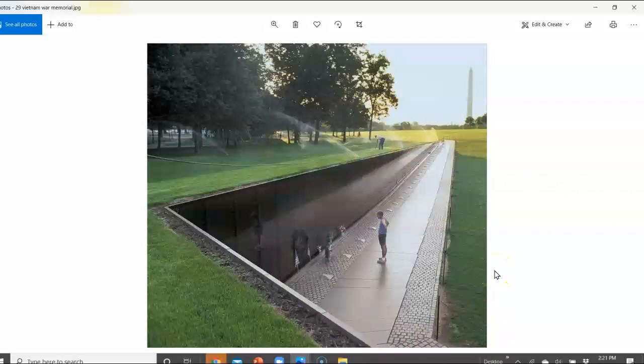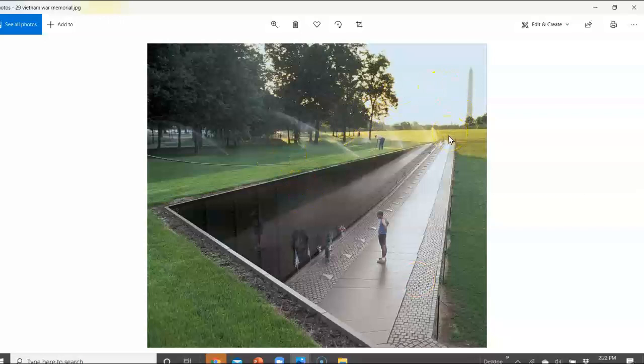And you walk up to this, you can enter the mall here. Here you can see the Washington Monument down there. And you can't really see anything until you get to the edge here, and you see this gash into the earth that was cut out. So you have to walk around, and it's really quite huge. I should have the dimensions of it, but I don't. But it's quite huge. I mean, it's a walk.